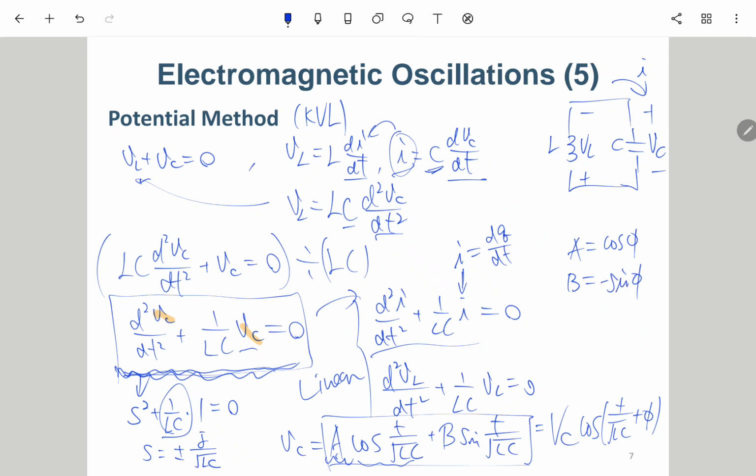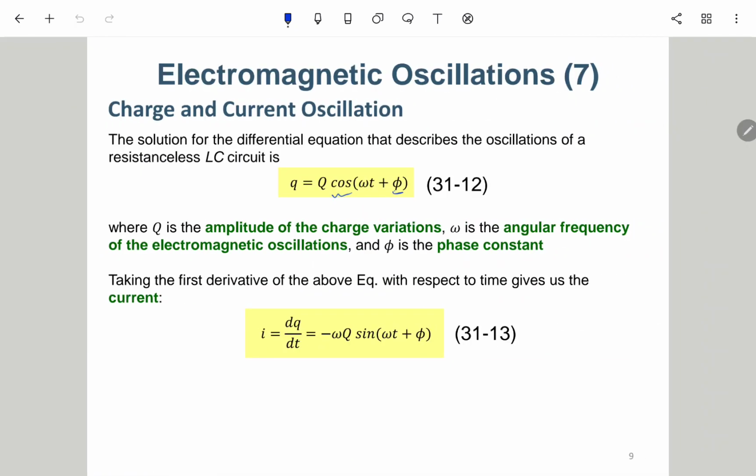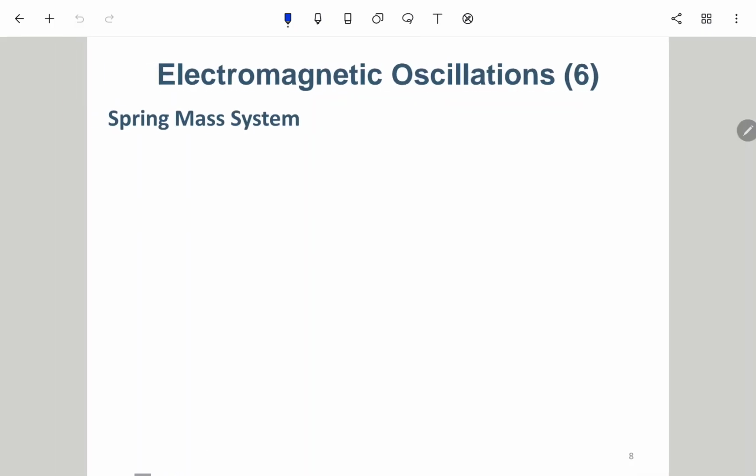Then we can find out what phi is and make it a single cosine with a phase, and this is the amplitude. In the textbook, it will write it like this, or sometimes it just ignores this phi, saying I take the initial point to be 0 to remove this phi. But anyway, if you put it there, it's just a phase.